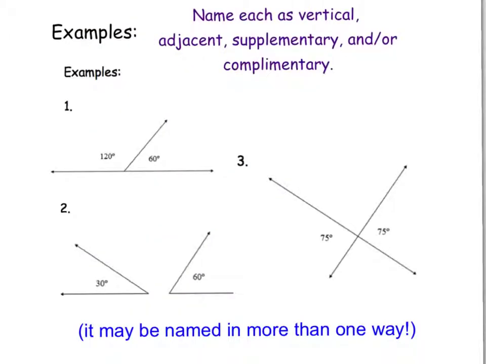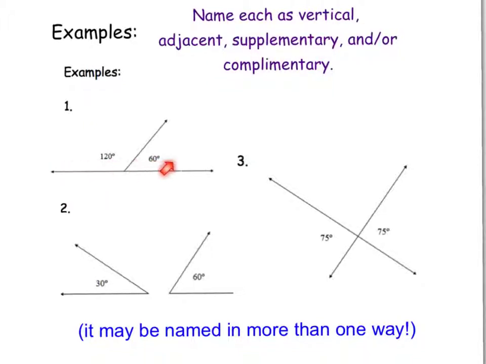So what you're doing today, part of your lesson is just naming them: vertical, adjacent, supplementary, complementary. So these two, the first one, they form a straight line. Or we can add 120 plus 60 is 180. So we know that they're supplementary. They're supplementary.